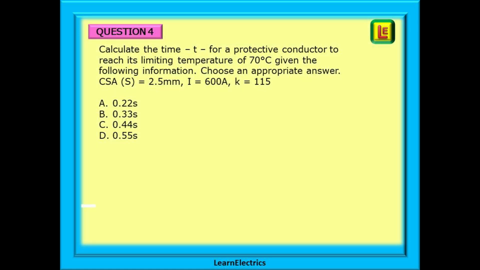Try question 4 on your own. Calculate the time T for a protective conductor to reach its limiting temperature of 70 centigrade given the following information. The CSA or S is 2.5 millimeters, I is 600 amps and K is 115. Pause the video, do the calculation.